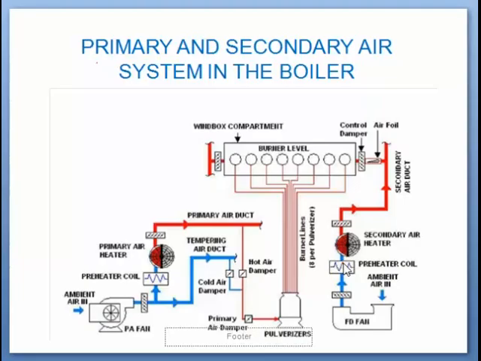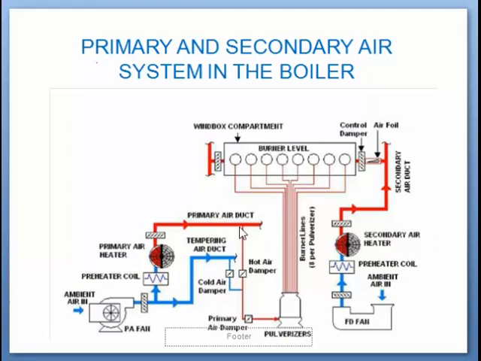It is one more description of the primary and secondary air system in the boiler, where you can see that the PA fan sends the primary air. There are two parts, one heated primary air and one cold primary air.